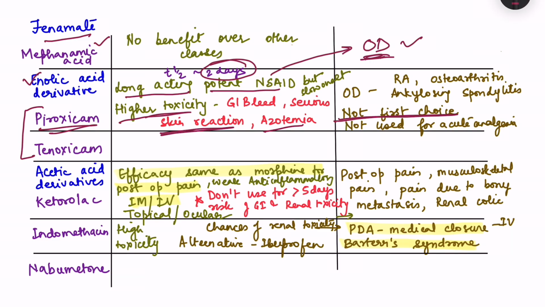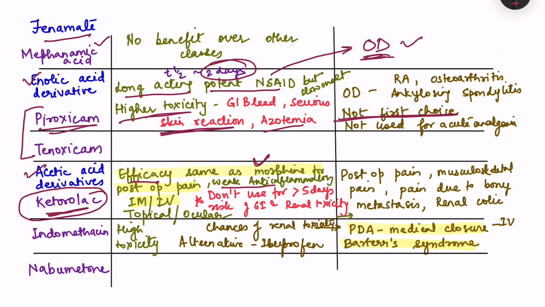Then we have acetic acid derivatives, in which we have ketorolac. Again, it is a weak anti-inflammatory. Before we saw ibuprofen was a weak anti-inflammatory, and now ketorolac is also a weak anti-inflammatory. But very important, ketorolac's efficacy for pain is the same as that of morphine.